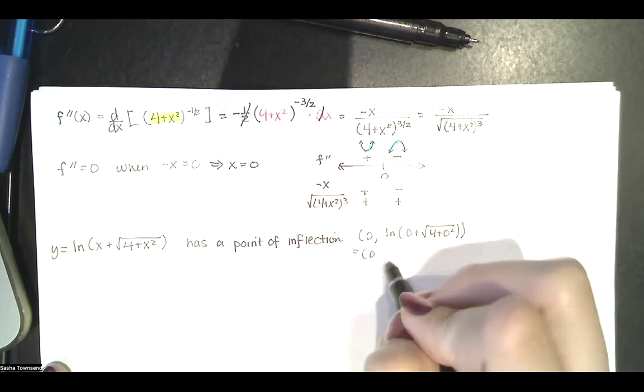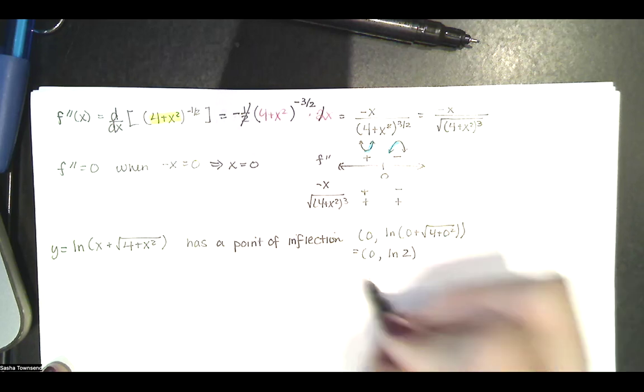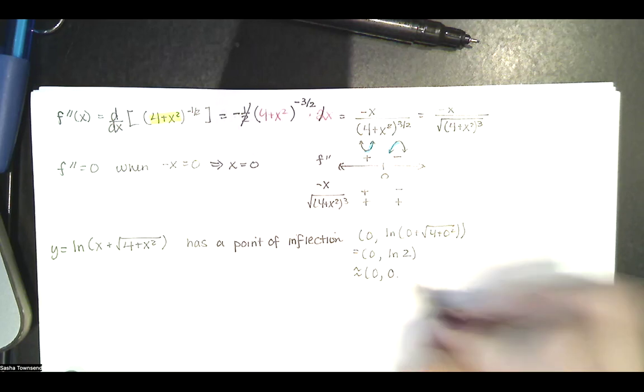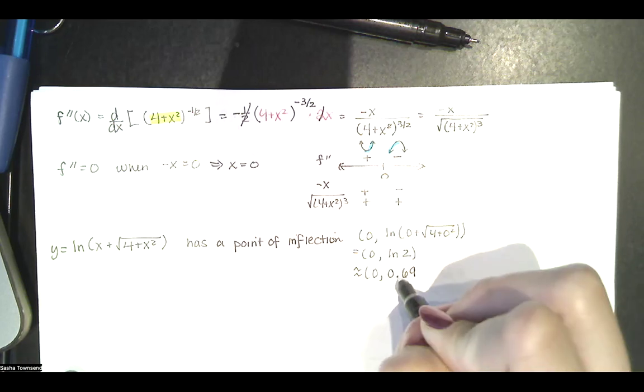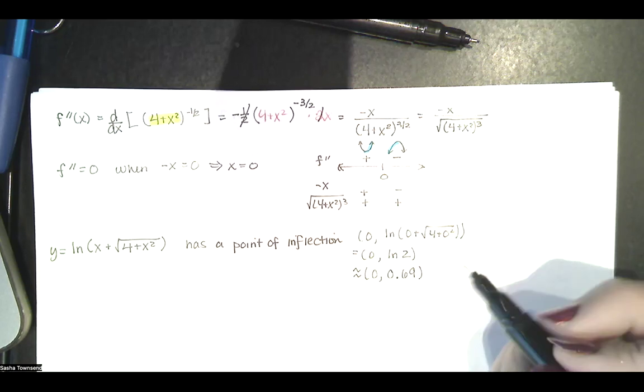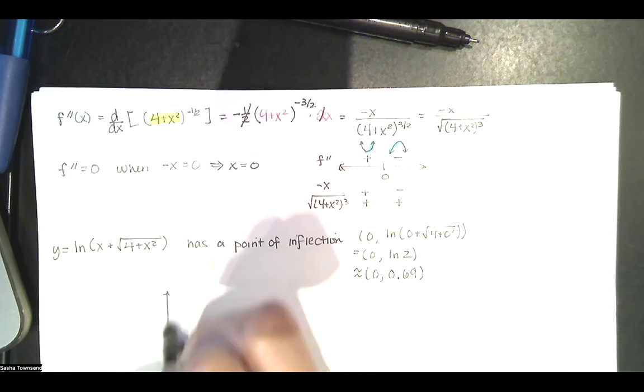Natural log of square root of 4 is just natural log of 2. So at x equals 0, y equals 0.69 approximately. I think it's 0.693, but I'm not sure about that third digit. So that's our point of inflection.